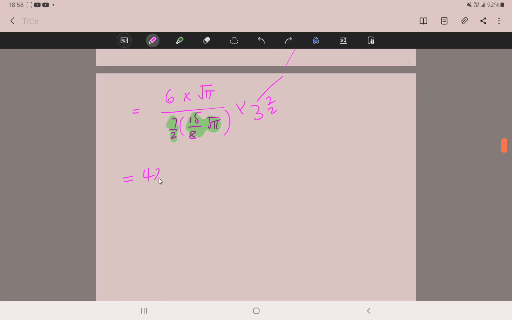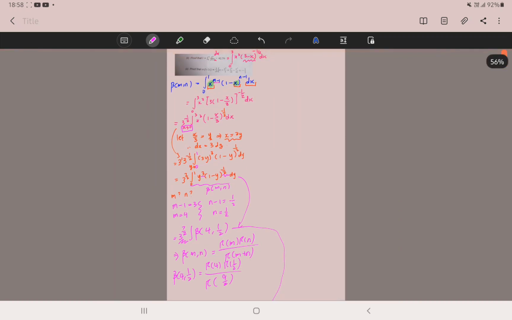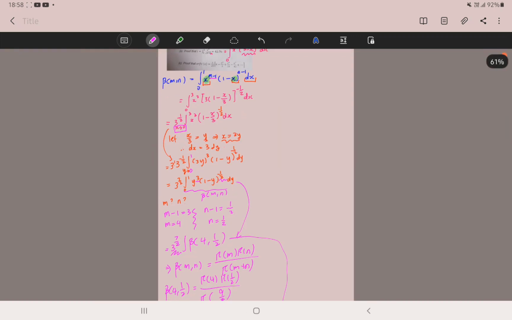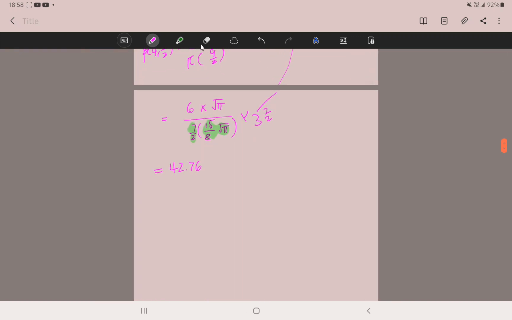You can do it by yourself by inserting the values into your calculator, and you will get 42.76. It is not exact, so it is about this value. Okay, so it is proven.